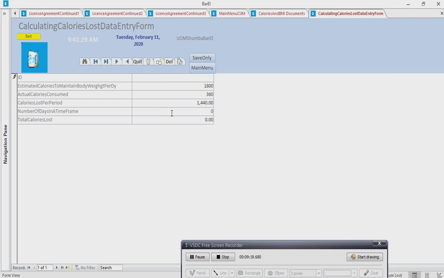Number of days in a time frame, let us say 2000, 2500.